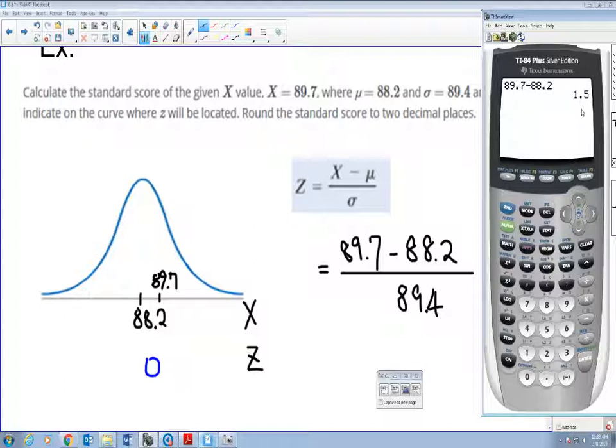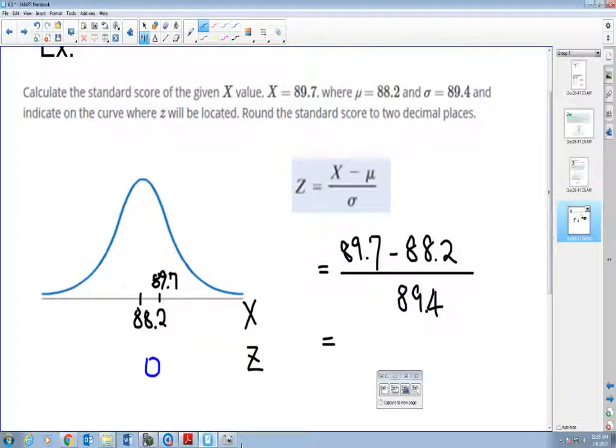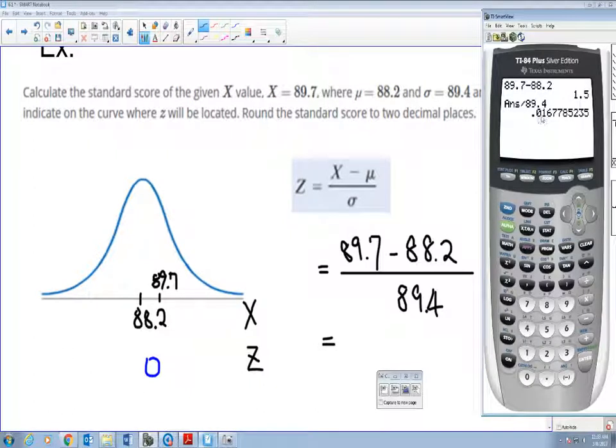So when we want to convert it in terms of standard deviation, we divide it by the 89.4, and that tells me that this 89.7 is about 0.02 place to the right of the mean in terms of a standard deviation. It's about 0.02 standard deviation to the right of the mean.